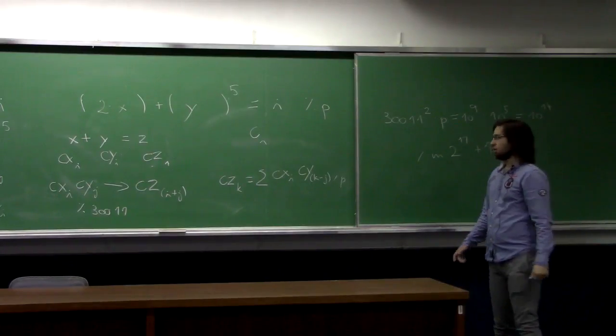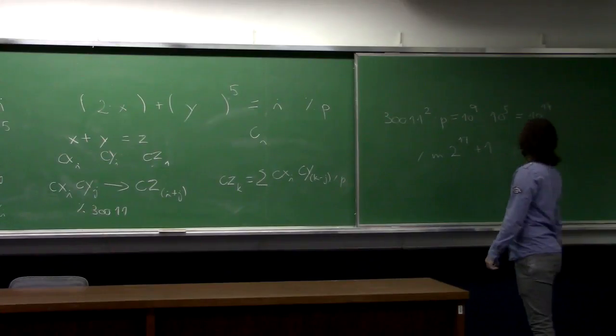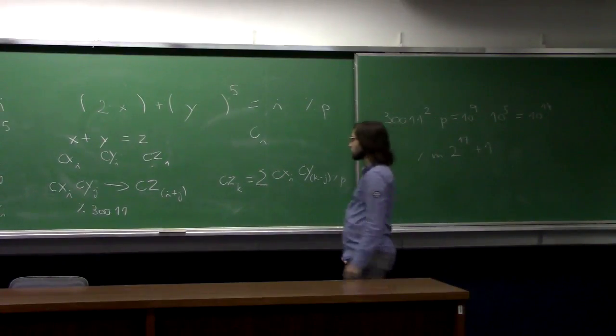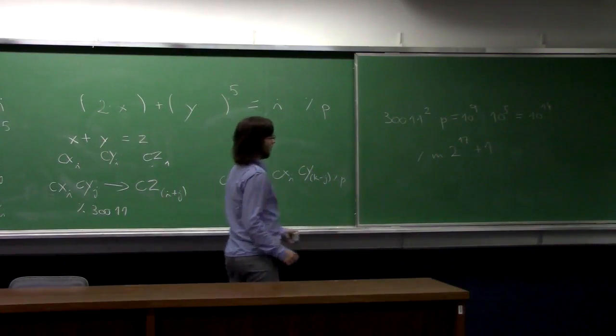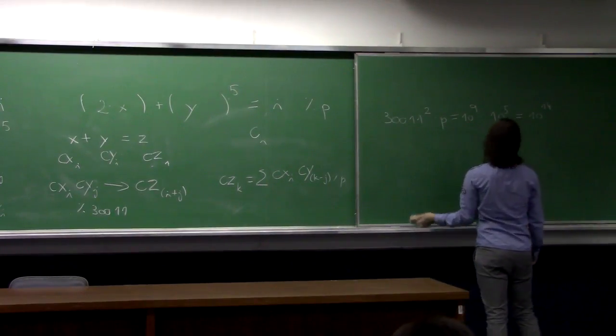It would need to be at least like this, but 30,011 doesn't satisfy it, so there is no way. But we can still work in doubles using complex numbers.